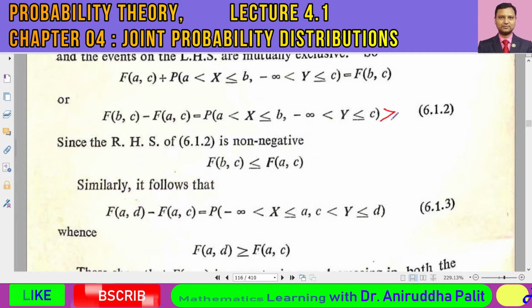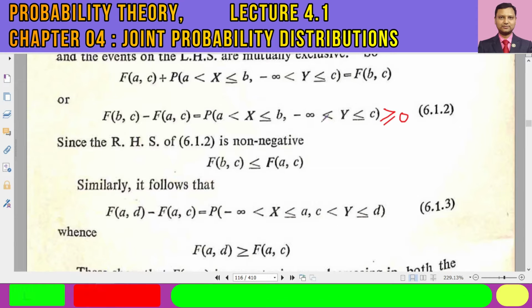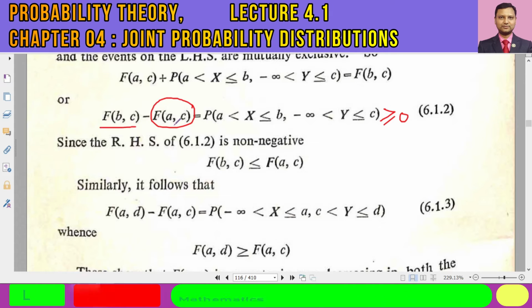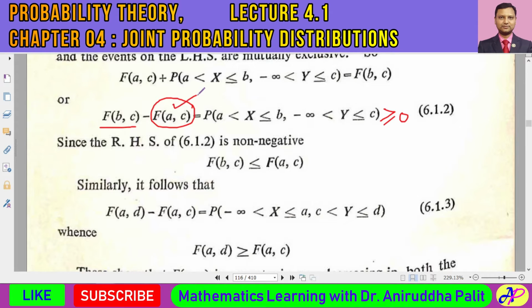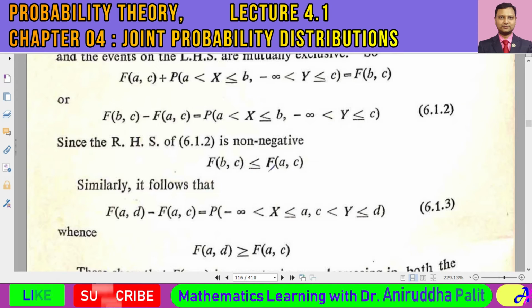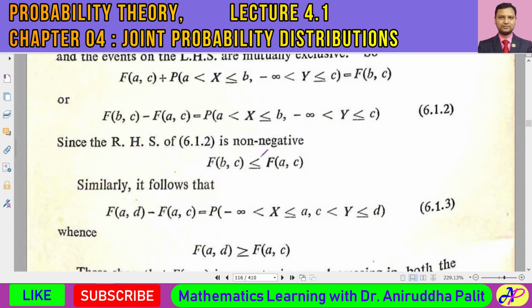Along with these two results, you see this is a probability. We know that probability can never be less than 0. It is always greater than or equal to 0. Because it is greater than or equal to 0, we can say that this left hand side term must be greater than or equal to this kind of term. So f of B comma C must be greater than or equal to f of A comma C. I think we have a mistake over there.